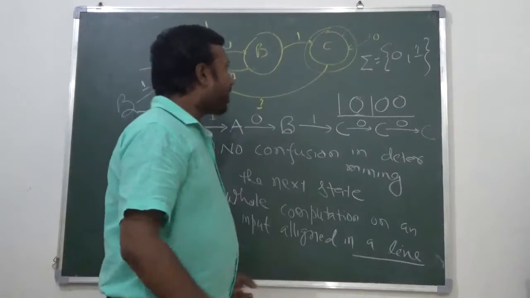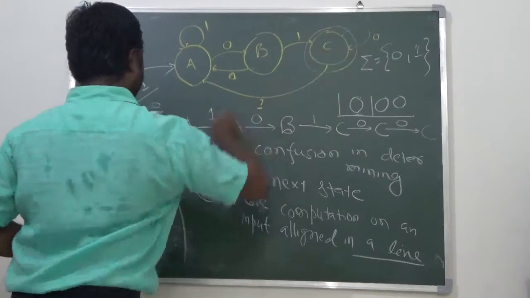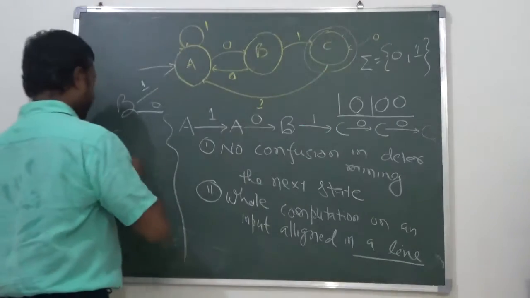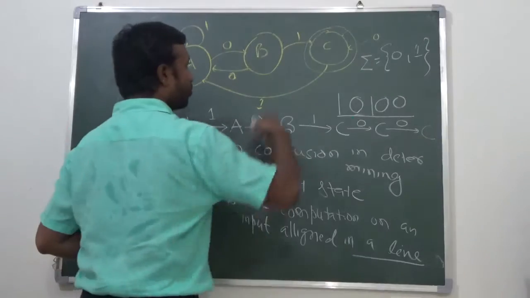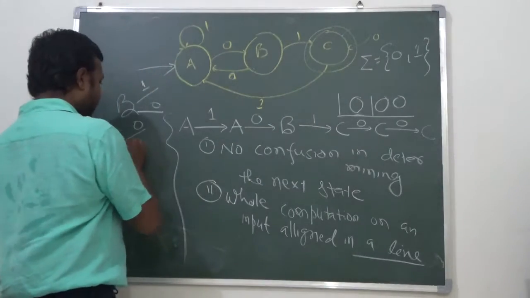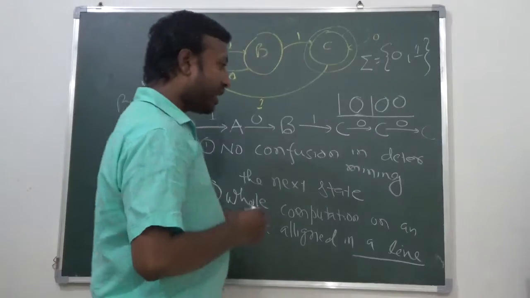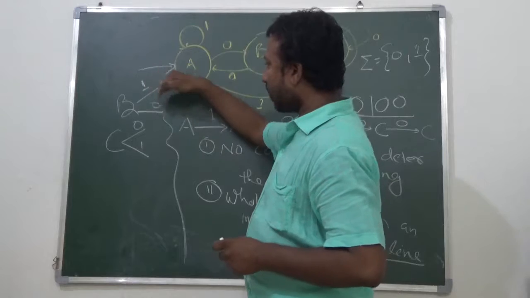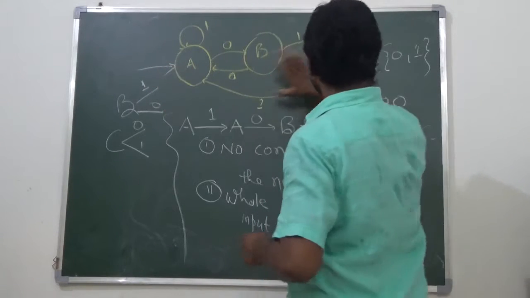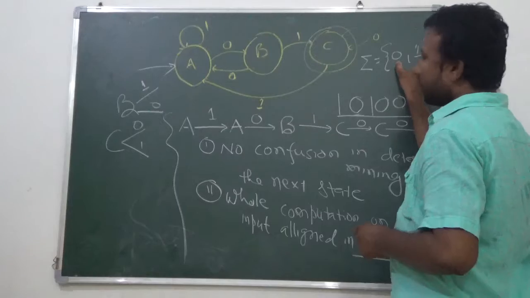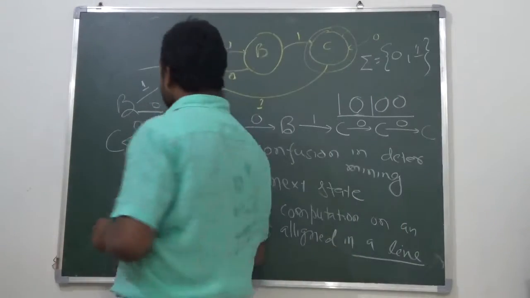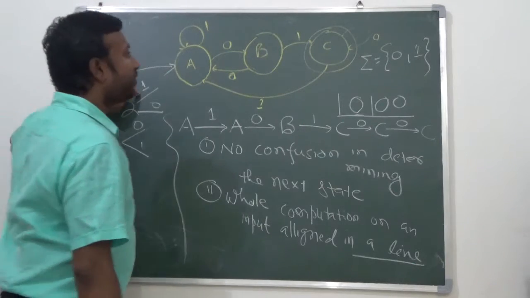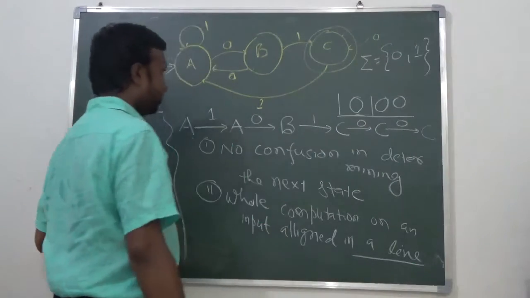If we analyze state C, there is one outgoing branch for 0 and another outgoing branch for 1. So from every state there are 2 outgoing branches, and this 2 comes from the number of symbols in the alphabet. Every single branch is for every single symbol from the alphabet.